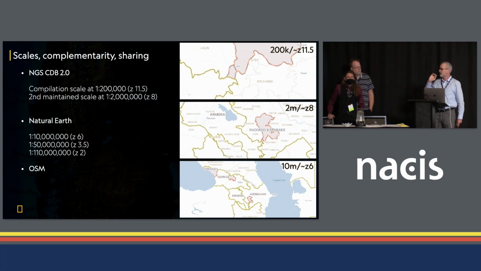Our goal, and we're going to be working with our legal department on this, is a downsampled version of our data that we can release. And it will be complementary to Natural Earth at a larger scale, at 1 to 2 million, maybe 1 to 1.5 million sort of scale. And that'll be just some of the feature layers that our legal team allows us to release, something like the coastline for sure, that we'll be able to share with people.